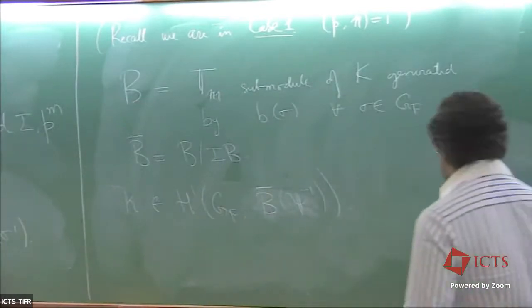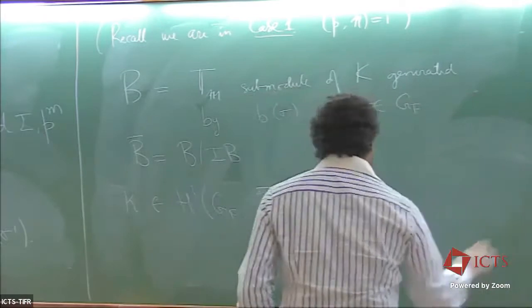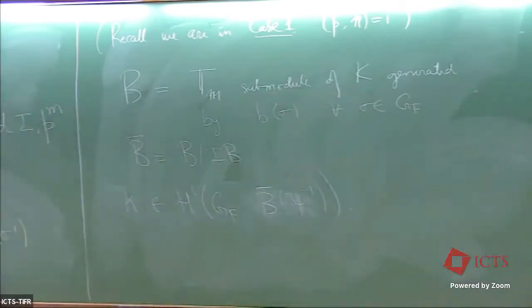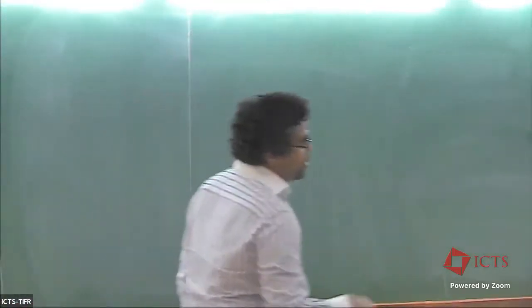So let me keep this here. I just need that equation, but let's not confuse many things. I'll confuse myself. All right, so what do I want to do? I don't want to take that kappa inside that. I want to take it in a quotient of this B bar. And what is the quotient that I take?